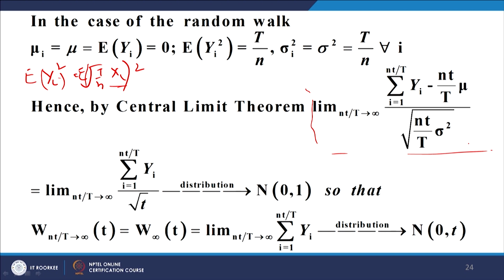So this whole thing simplifies to summation of yi upon root t, with n t upon capital T tending to infinity, and this is normally distributed as a standard normal variable.